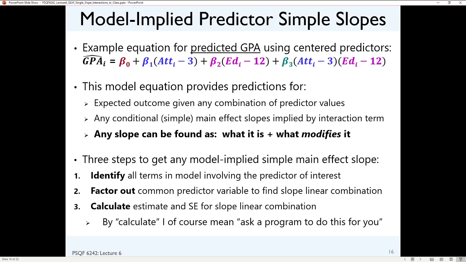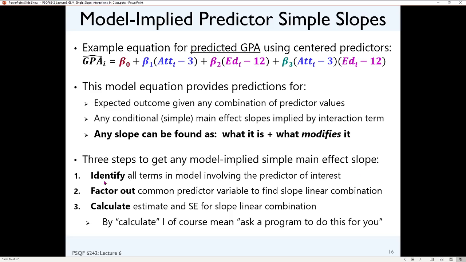If we want to create the slope according to the model for a predictor that is part of an interaction term, what is known as a simple slope or a simple main effect or a conditional main effect, then we follow a three-step process to determine how the model tells us how to find the fixed slope.